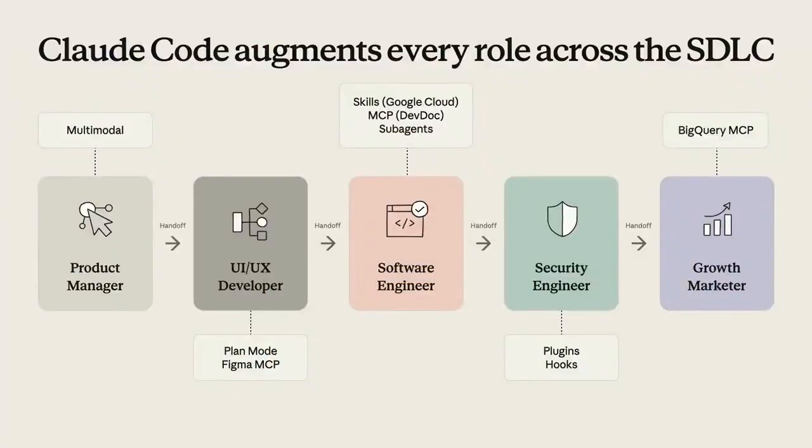These are all the personas that, in a simple way, we can imagine are involved in the software development lifecycle. Now, with respect to these personas, Claude Code, Anthropic's coding agent, augments all of them, providing several components that we are going to use today.